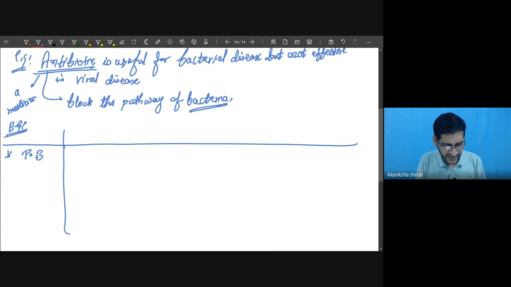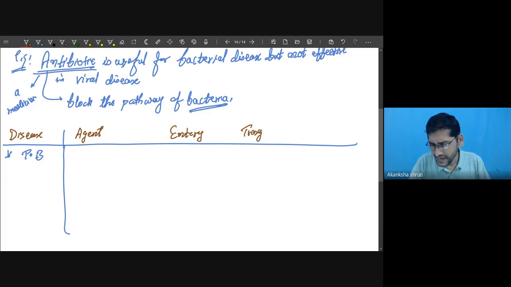The very first one is the disease. What is the causing agent of that disease? Then we will write their entry point, their target organ. Target organ means the organ that will be damaged. And then what is the symptom, that we can also write.